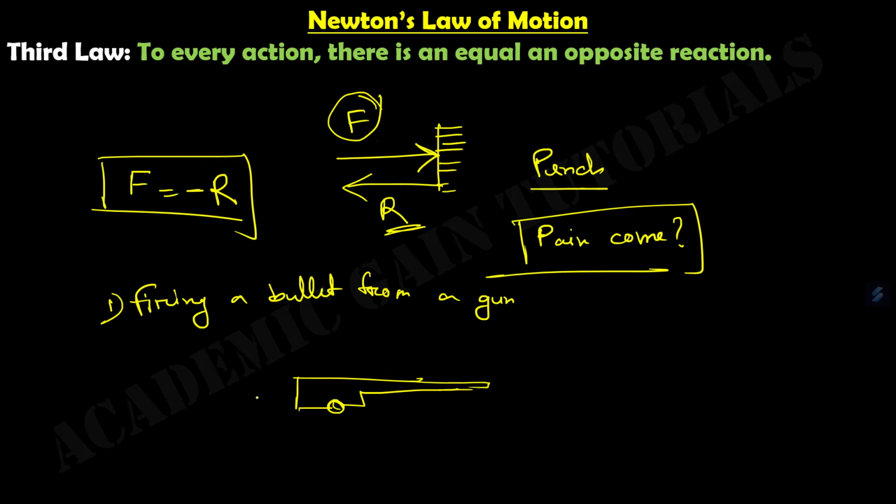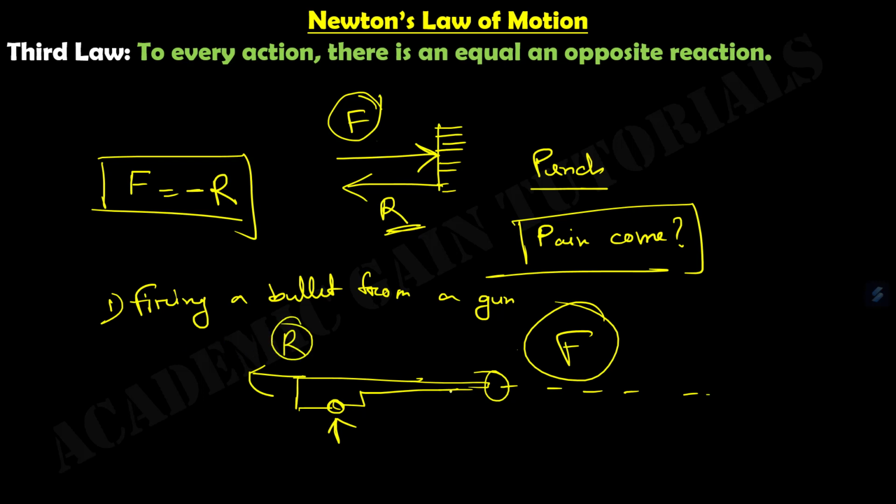When we trigger this gun, a bullet goes out from this end, and the gun will also move back towards our shoulder. Why did this happen? Because it imparts some force in that direction, and the force gives us a reacted force in the opposite direction. That's why we feel some pain in our shoulder.